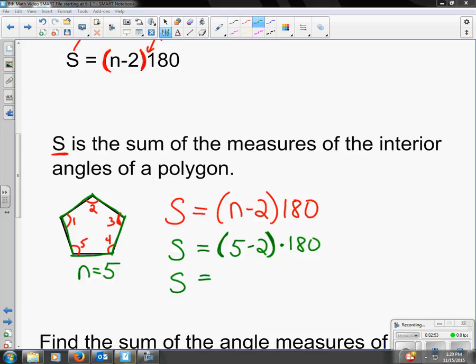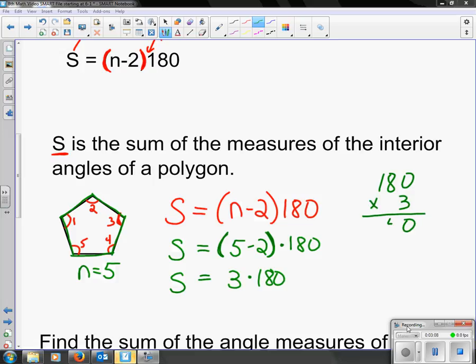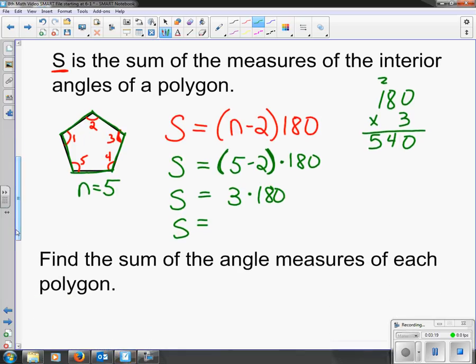So 5 minus 2 is 3 times 180. I don't have my calculator with me, so on the side here, I'm just going to do 180 times 3. That's 540. So S, the sum of all interior angles, is 540.